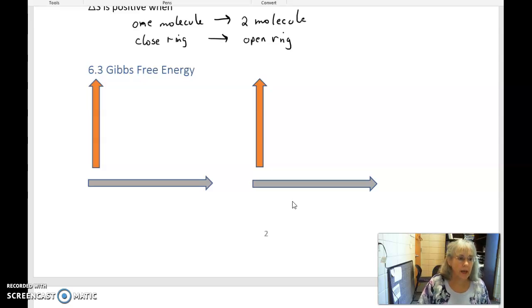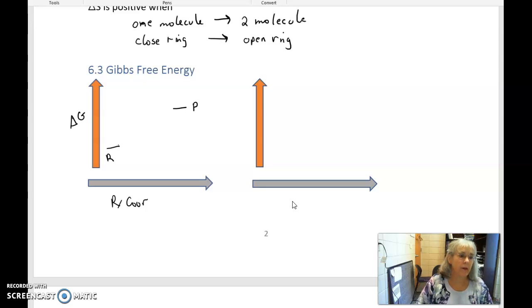You can draw diagrams that look very much like the ones that I just drew for enthalpy. We've got delta G here, and we've got our reaction coordinates. And we can have delta G of our reactants and the delta G of our products.